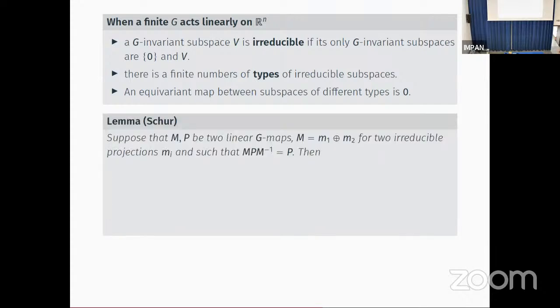Okay, and now we have to think that this matrix M is the one given by the action, and P is the one that is invariant under the action.